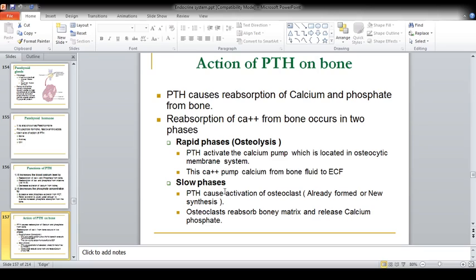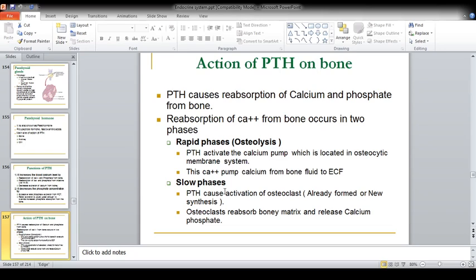The calcium is being extracted from that molecule and thrown into the extracellular fluid. In other words, it is breaking down the bone calcium and throwing it into the circulation. So if the action of parathyroid hormone is increased, it would cause weakened bones. Bones would become more weak.